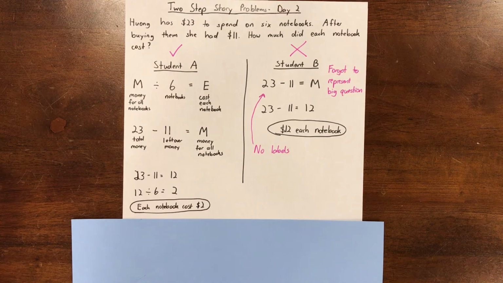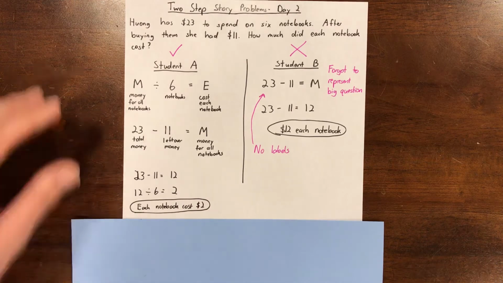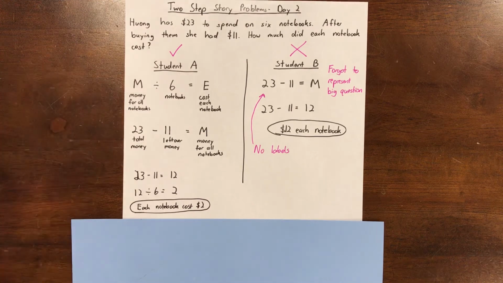You know, over and over again, I see students who invest in strong representations with labels being more successful in their story problems. Okay, so what did student A do correctly? Say it out loud.